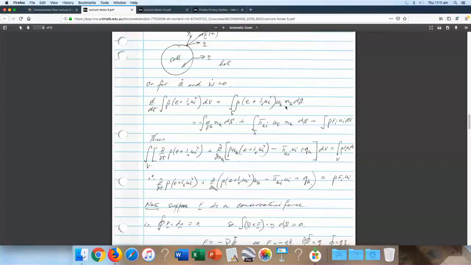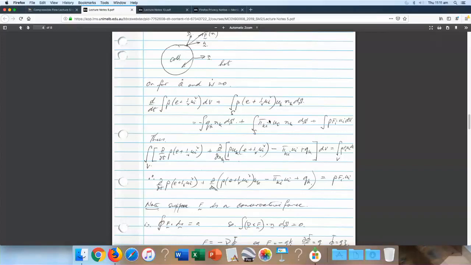And so U dot N is U_x times N_x plus U_y times N_y plus U_z times N_z. That's U dot N, or |U||N| cos theta. The magnitude of U times the magnitude of N times the cosine of the angle between them. And that's something you know from what's meant by U dot N.